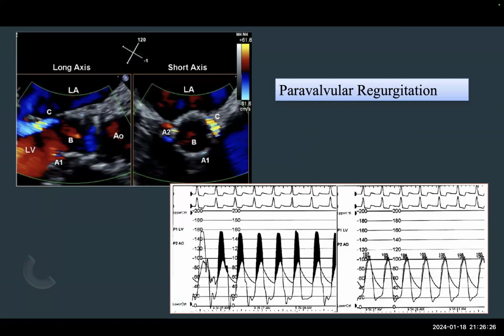It's a mistake. And this is how we diagnose paravalvular leak. If it is mild, you can argue. If it is trivial, you can argue. But to be honest with you, in my opinion, we should not accept any paravalvular leak.